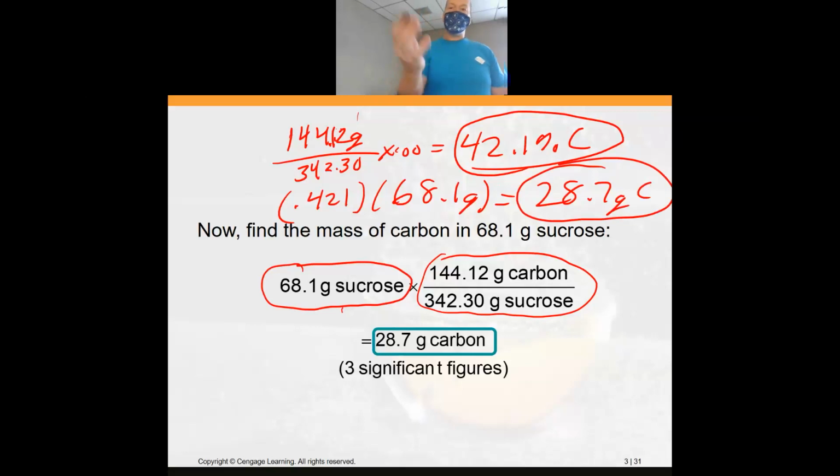I will get the percent, and then I will take that percent of 68.1 grams. 42.1% of that is less than half, so I know it's going to be less than the 34. Yes, 28.7 grams of carbon. Yes, that works out exactly the same in sig figs.